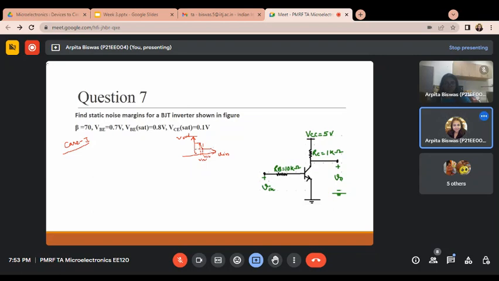And this is V output low, and this is V output high. So first case you have to take when the input is very low. All of you have calculated the first value. Am I audible? We were in a confusing position how to take.